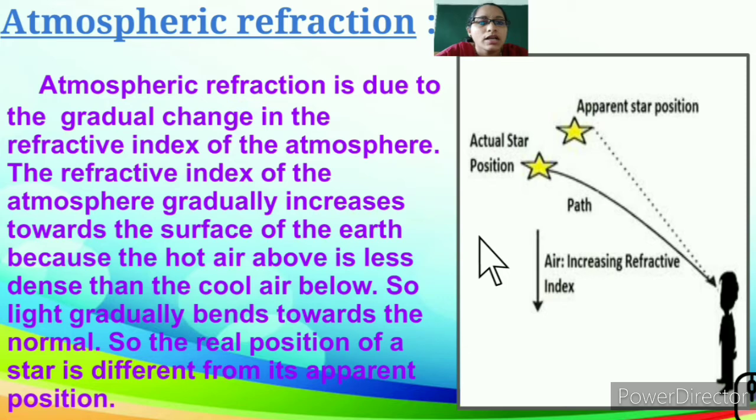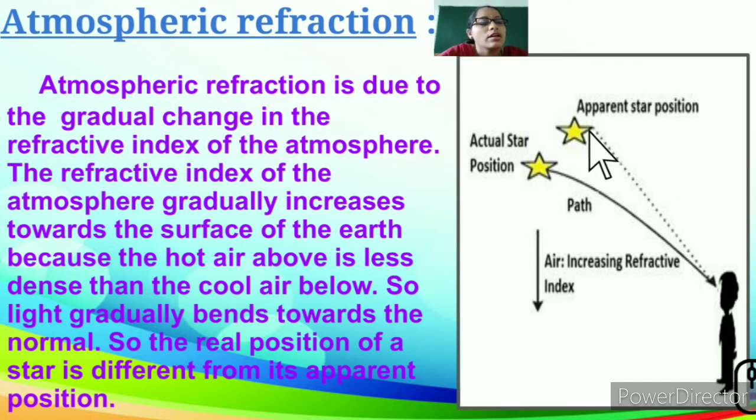So you can see that light travels from one medium to another, that is cool air medium to hot air medium, the light rays bend and the real position of the star is different from the apparent position. So you can see this is the actual position of the star, that is in dotted line.